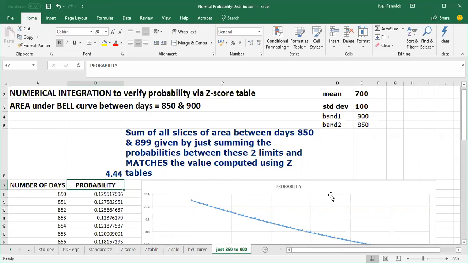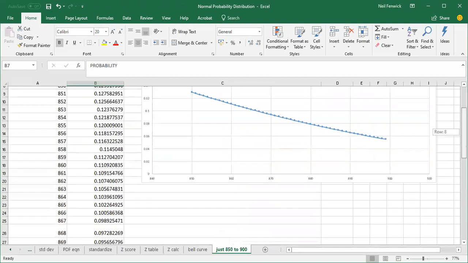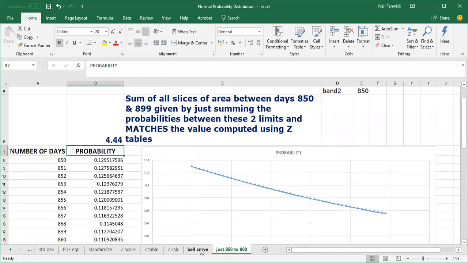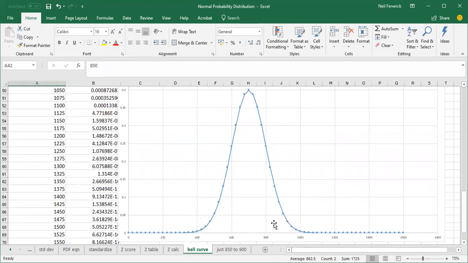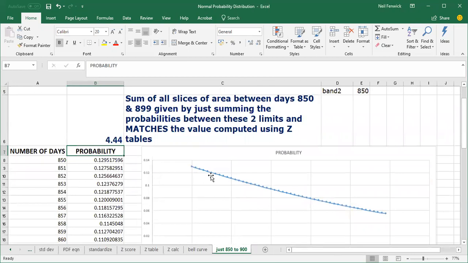What we've effectively done here is zoom in to our bell curve. We've zoomed in down this area on this slide, and we want the area under the curve. So how do we get the area under the curve? We create 50 rectangular slices of width 1, and for each slice, the probability number gives us the height, and we're adding 50 of those together.